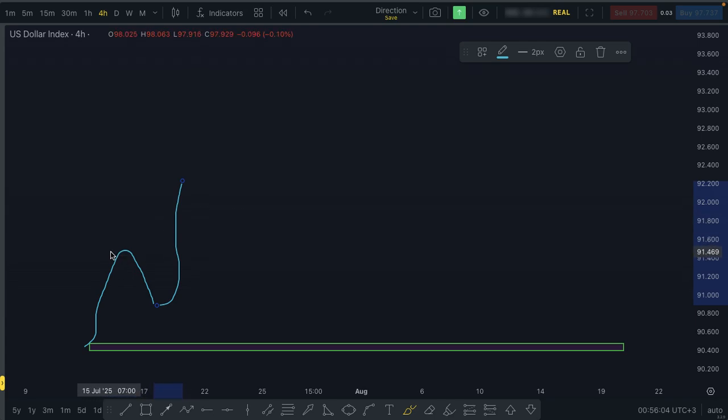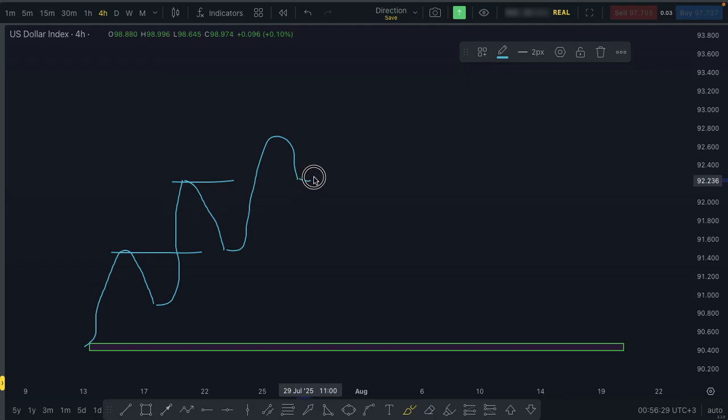Then it comes and reaches this level again, and then moves to the upside, and this becomes our higher high. Then it comes down to retest this level, and this becomes our higher low, then another higher high, and again it comes back to retest, and this becomes our higher low.